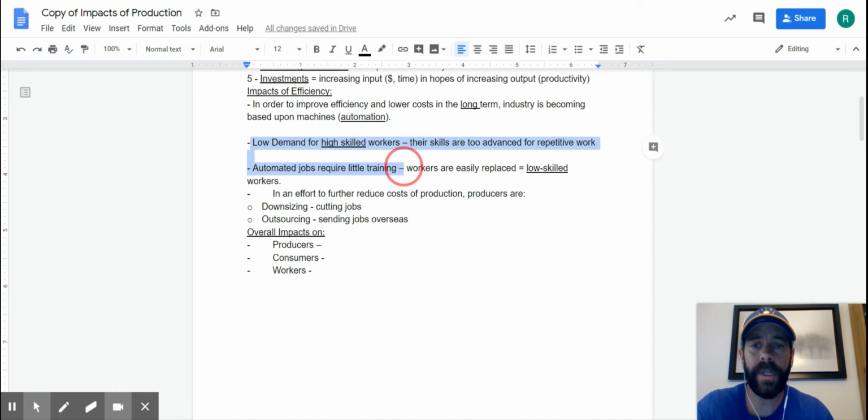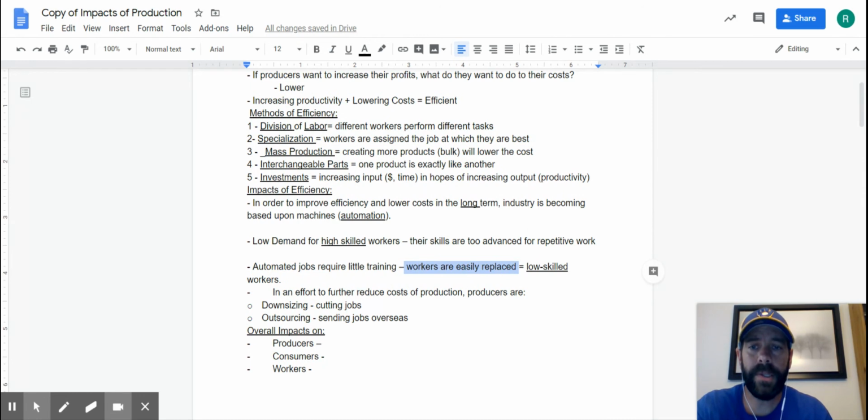As a result, when you look at these two lines, if the work is being automated, that means the machinery is doing most of the work. So high-skilled jobs are in lower demand. Their skills are going to be too advanced. And the jobs that remain are very repetitive, very low-skilled. And this phrase right here, that workers themselves can be replaced, well, this is interchangeable parts.